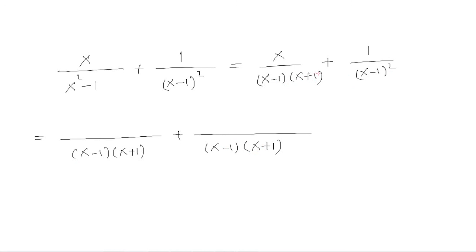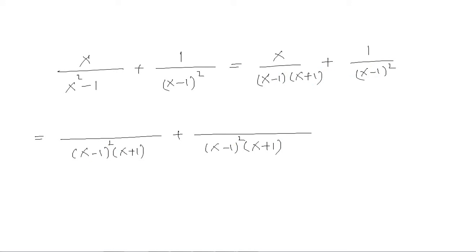So the highest power of x plus 1 among all the denominators is just a power of 1. So x plus 1 to the power of 1. But for x minus 1, I have a power of 1 here, and I have a power of 2 here, and the highest between 1 and 2 is 2, so I use the highest power. So x plus 1 and x minus 1 to the power of 2.